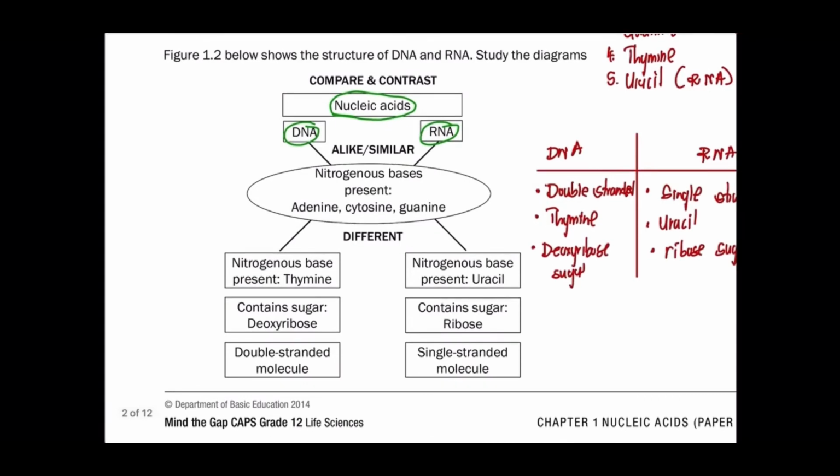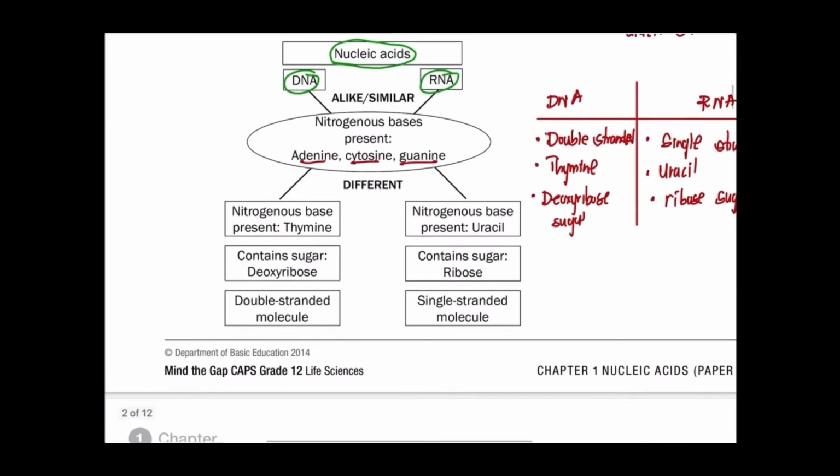The nitrogenous bases that are similar for both of them are adenine, cytosine, and guanine, as I've mentioned above. And the only different nitrogenous bases are thymine in DNA as well as uracil in RNA.